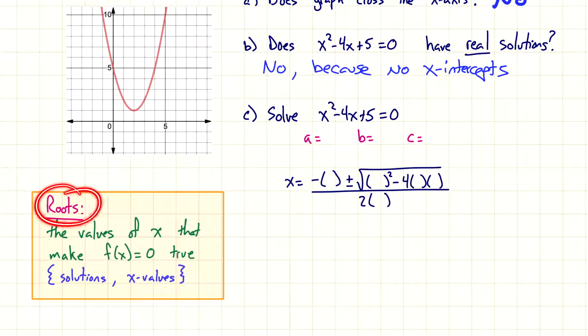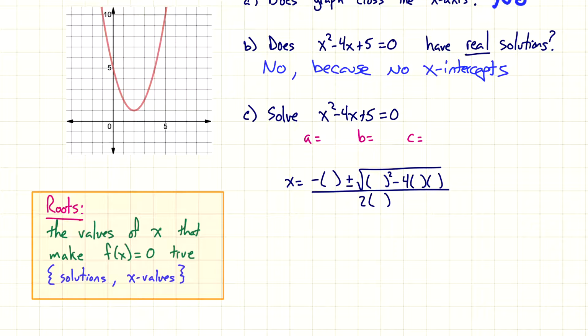This term roots refers to the values of x that make the function equal to 0. Normally we call them solutions or x values. It's just another name you need to know. So if I say find the roots of this function, that just means solve it and tell me what x equals.